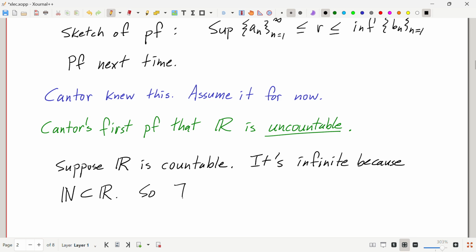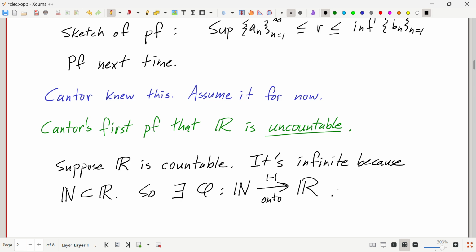So countable means there exists a phi from N into R that's one-to-one and onto. That's what countable means in this context. If it was finite, it just means you could count it. That's why I just say that it's infinite.